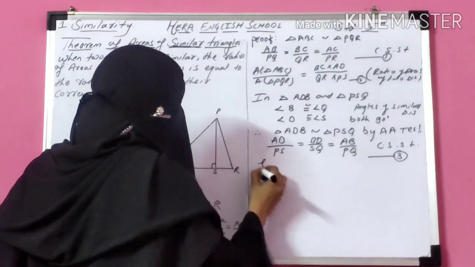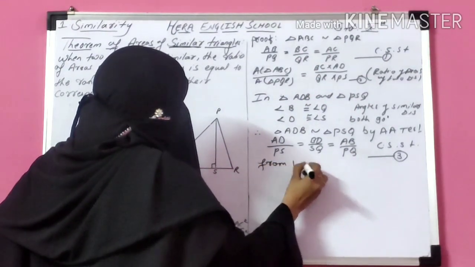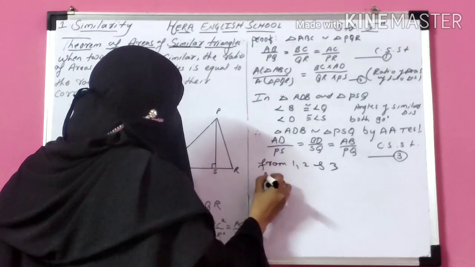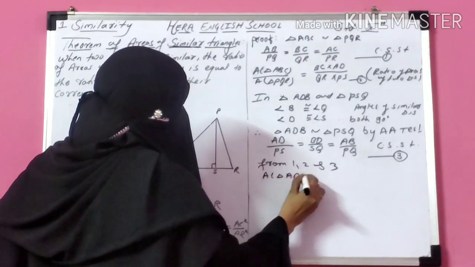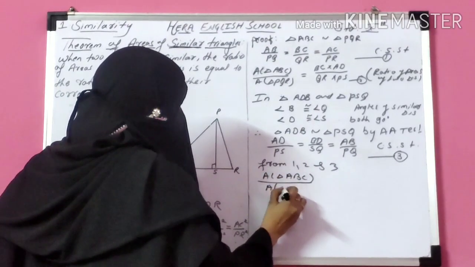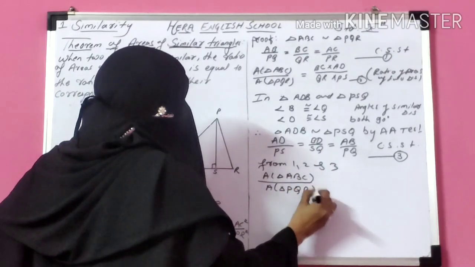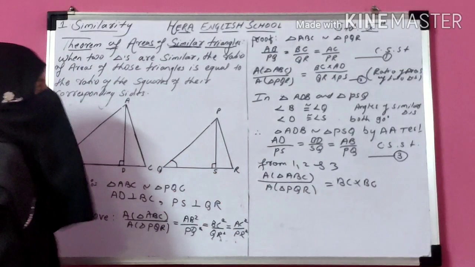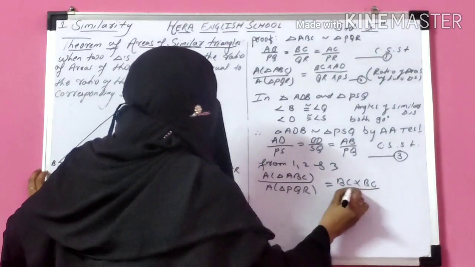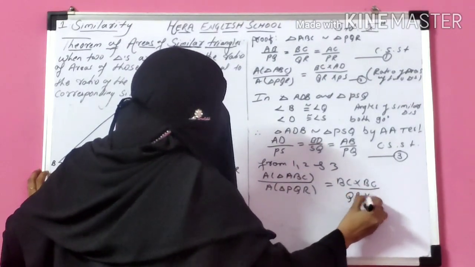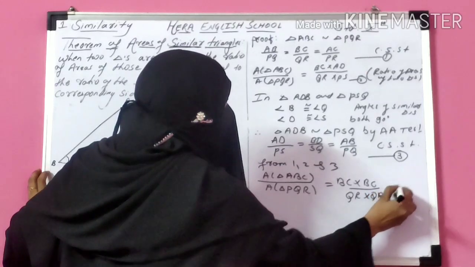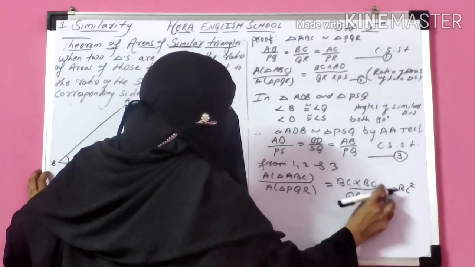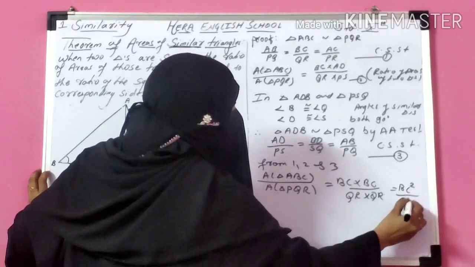So from 1, 2 and 3, area of triangle ABC upon area of triangle PQR is equal to BC into BC. You can replace AD with BC, and QR into QR. So you get BC square upon QR square.